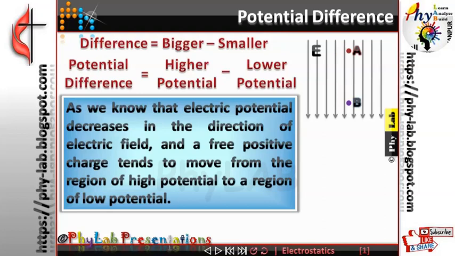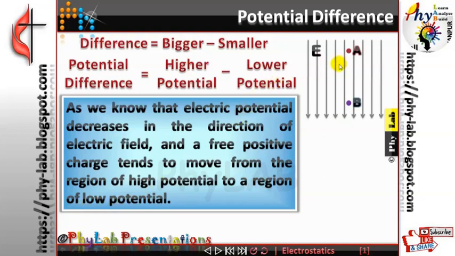And also in that particular video, I told you that whenever a free positive charge is kept in such electric field, the free positive charge would always tend to move from the region of higher potential to a region of lower potential.